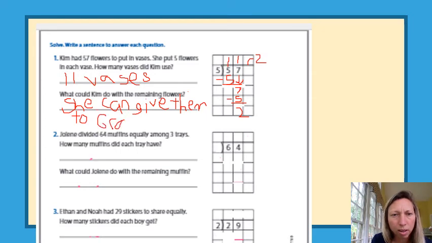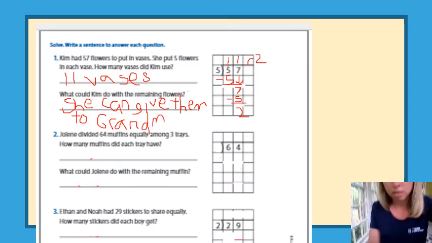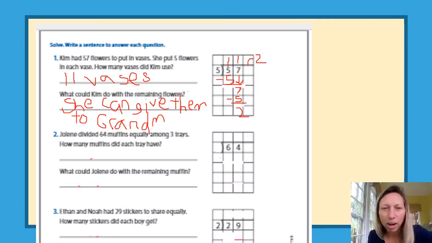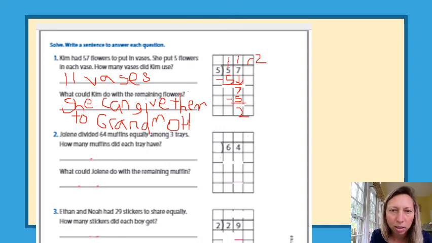Guys, I'm sorry, it looks like a kindergartener's writing this. It's because I'm using my finger. I don't know if you guys can see this, but I'm writing with my finger right here. Don't even have a mouse. Okay, grandmother. Period.